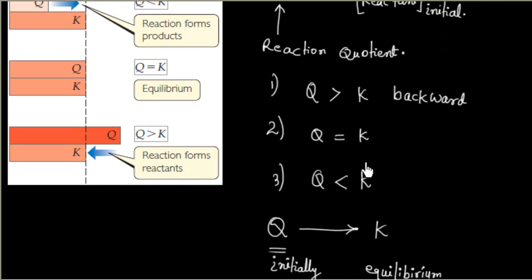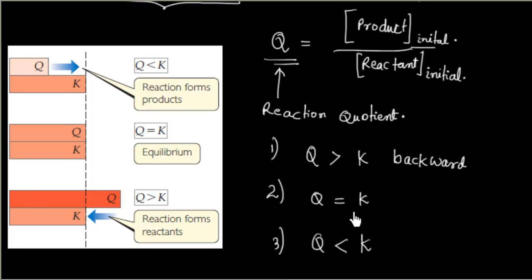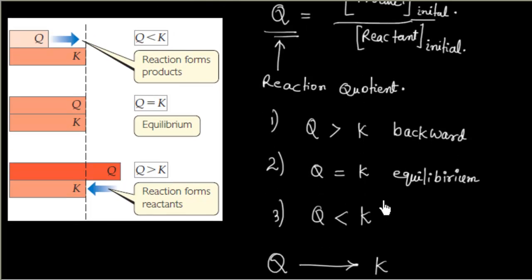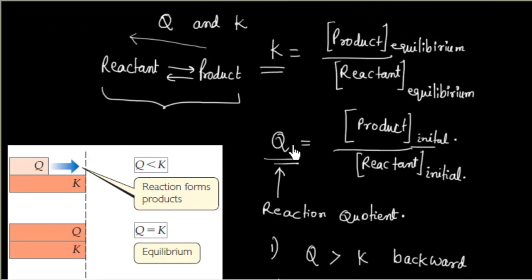Now when Q is equal to K, that is the perfect situation, Q wants to become K, and that is the case, this means the reaction is already at equilibrium. Now Q is less than K. This means the concentration of product is smaller.